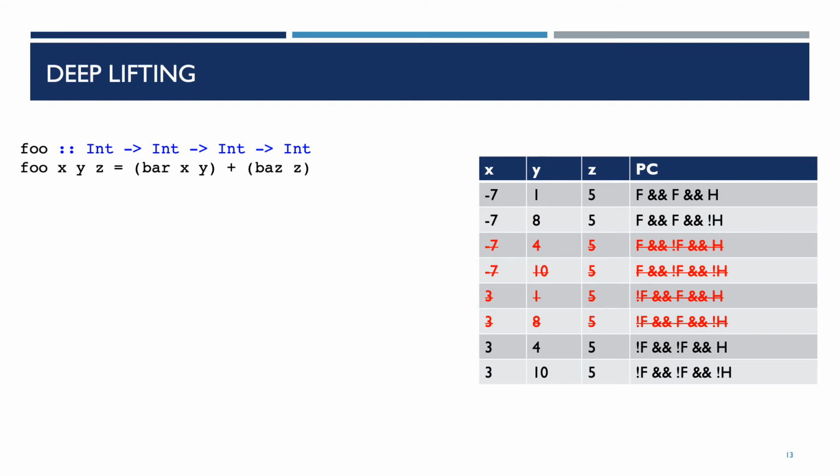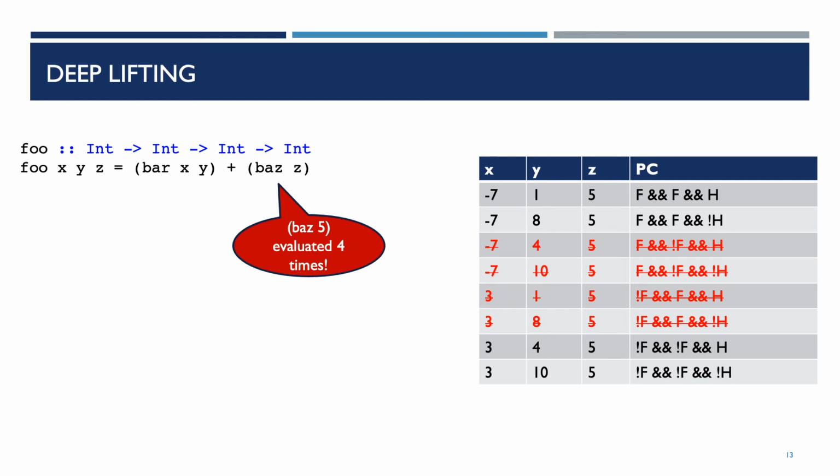As I mentioned, shallow lifting is a black box approach. It does not care about the implementation of the function. So what if foo is actually internally calling bar and baz, and it's passing z to baz? Using the shallow lifting approach, we will end up calling baz internally from within foo 4 times, but actually it's going to be called 4 times on the exact same argument.